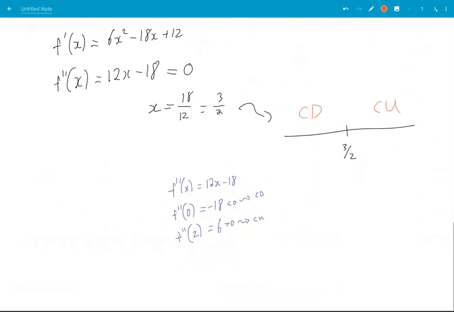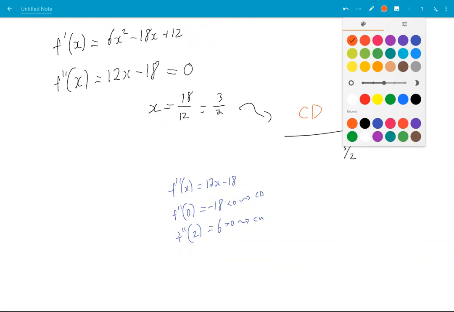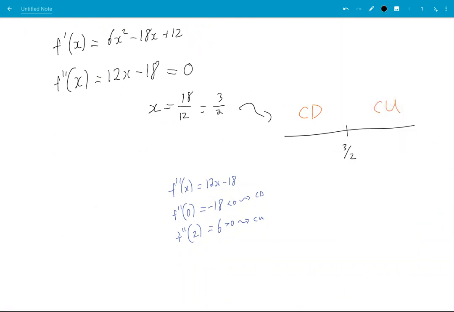So returning to our example, we can see at 3/2, concavity does change. Okay, so at 3/2, I go from concave down to concave up. What this looks like, I'll tell you later, but for now, at 3/2, we go from concave down to concave up. So IP, the inflection point, is x is 3/2, y is equal to f of 3/2, which is a long calculation I do not feel like doing here.